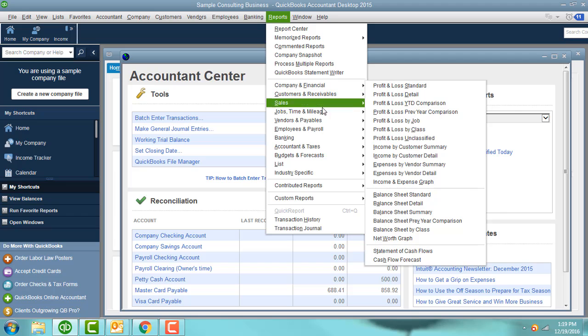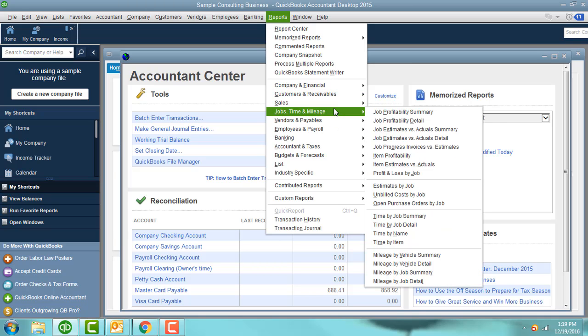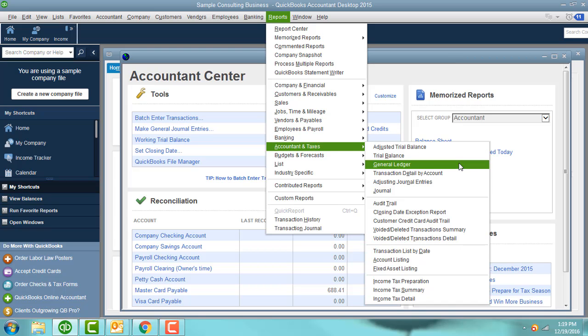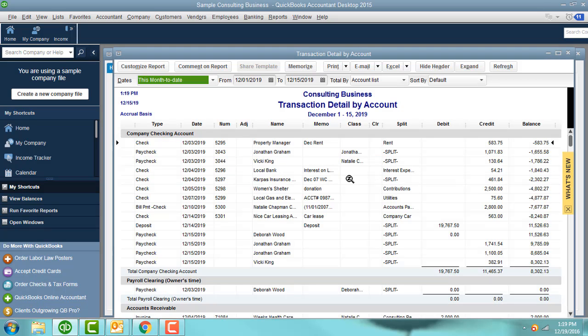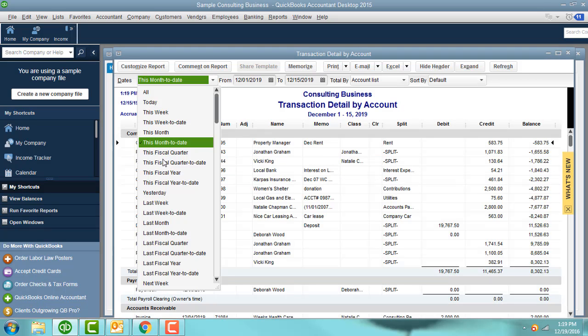Okay, so the first thing we want to do is pull up a general ledger report. We can do this a couple different ways. We can do general ledger or accountant detail by account. I'm going to pick last month.